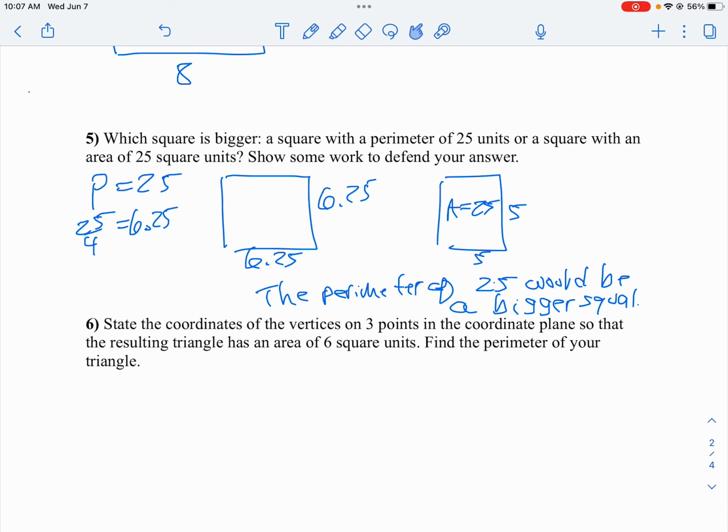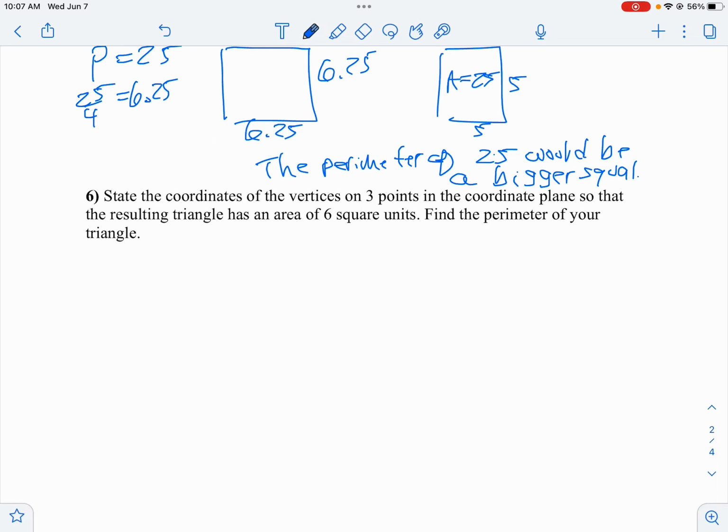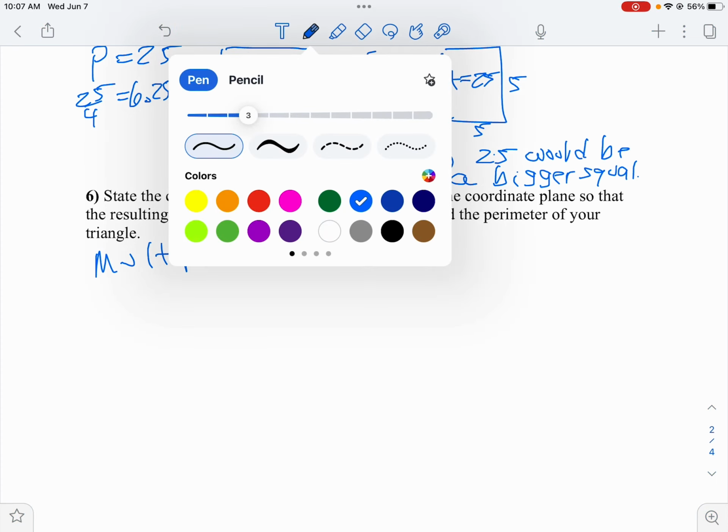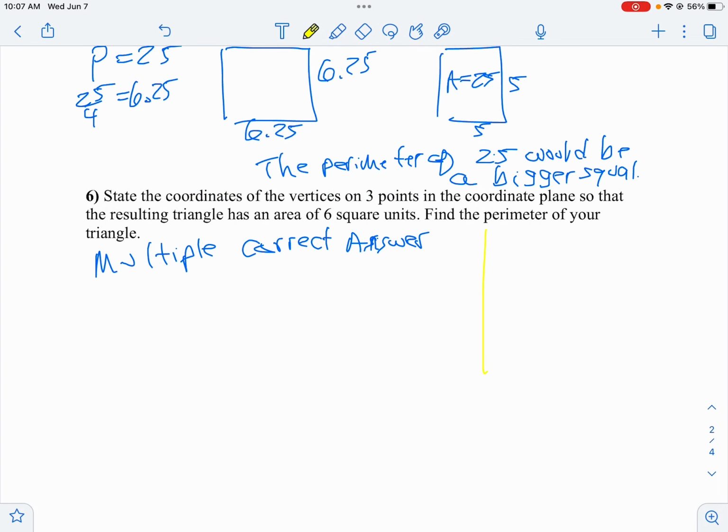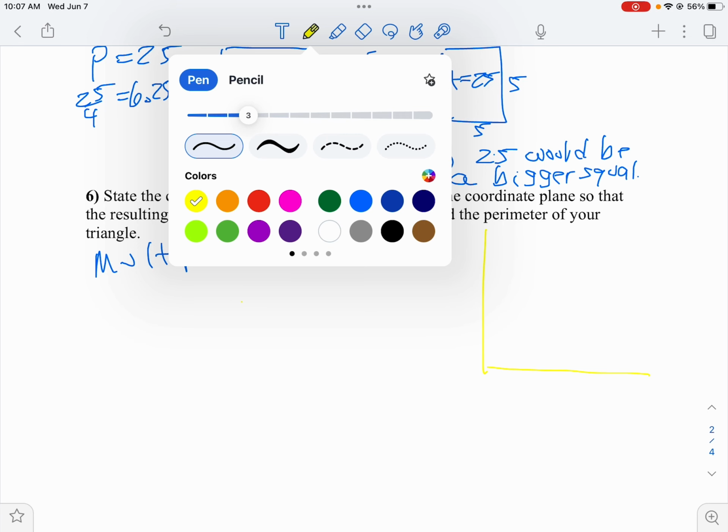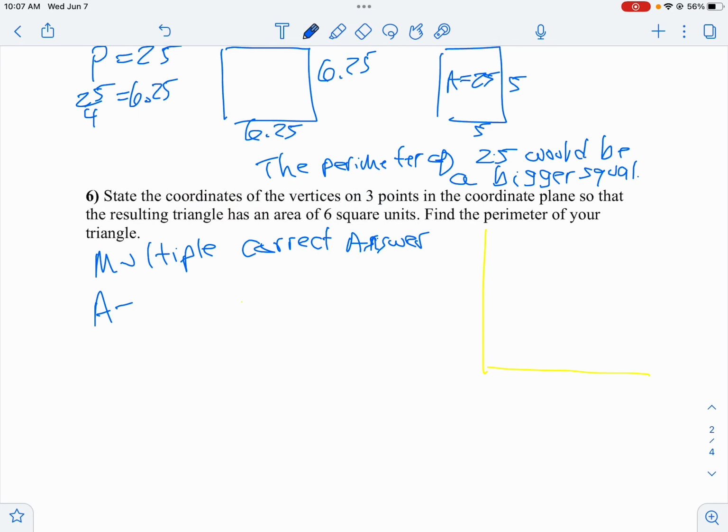On question number 6, there's also multiple correct answers. Since we're using the coordinate plane, I would keep it to the first quadrant to make it easier, although you could do other parts also. And remember, the area of a triangle is 1/2 times base times height.